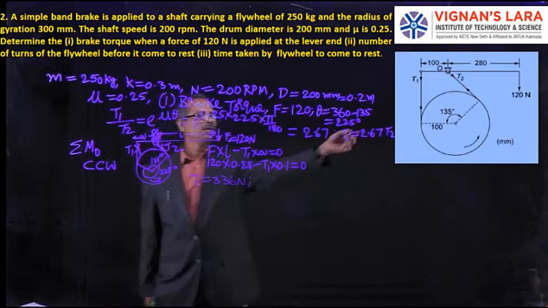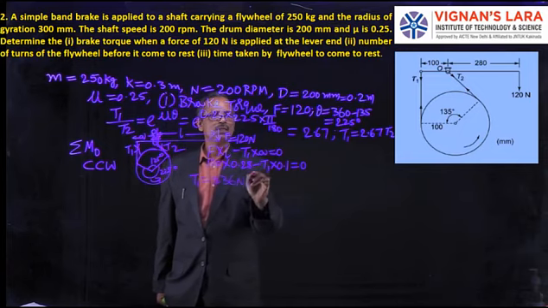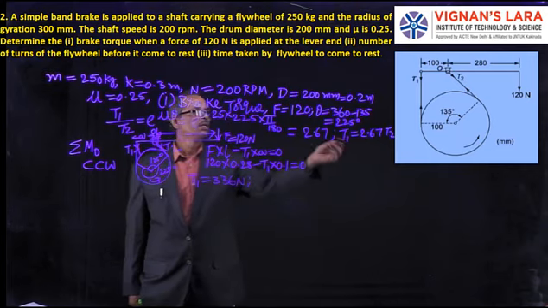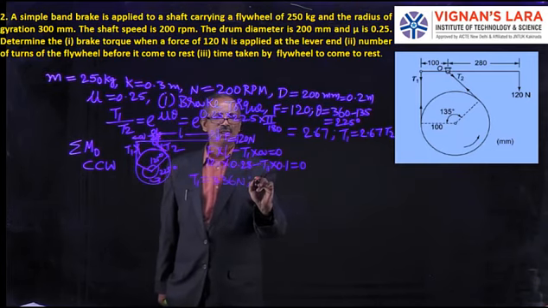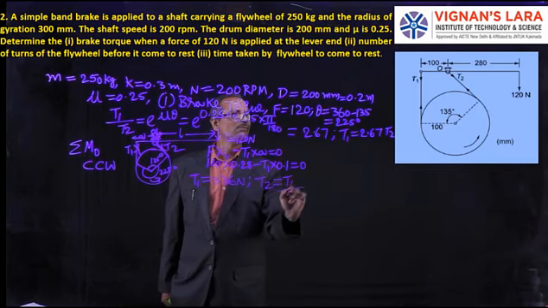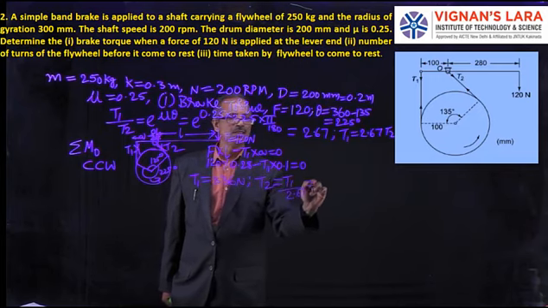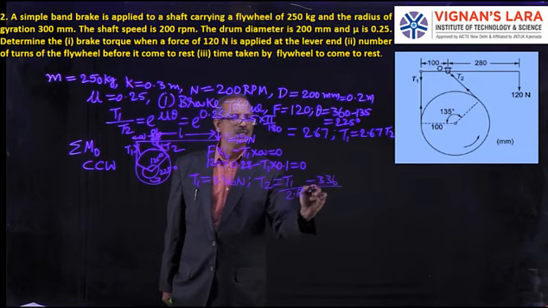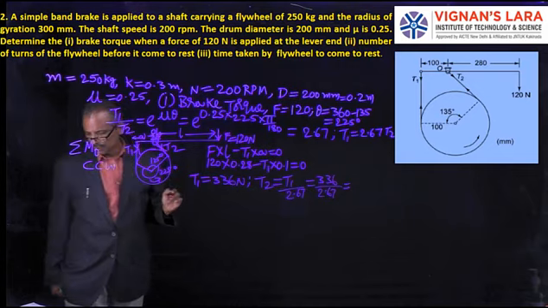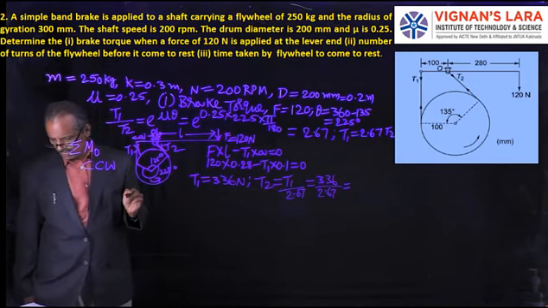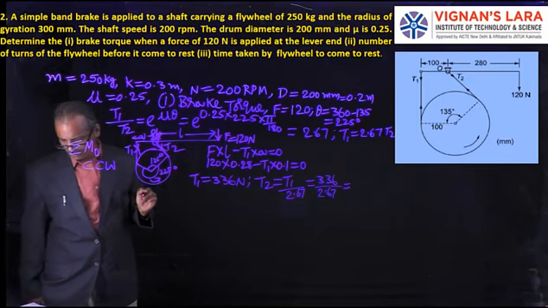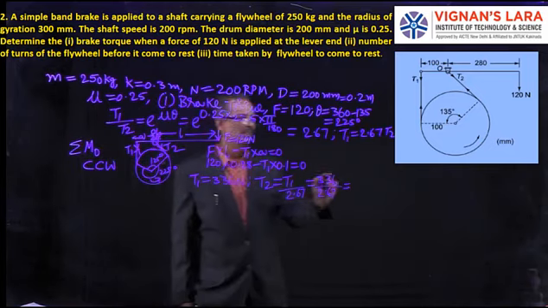Then you have the T1 and T2 relation: T1 is 2.67 T2, so T2 is equal to T1 by 2.67, that is 336 by 2.67. So the value of T2 is 125.8.